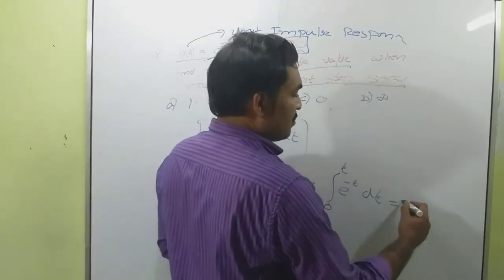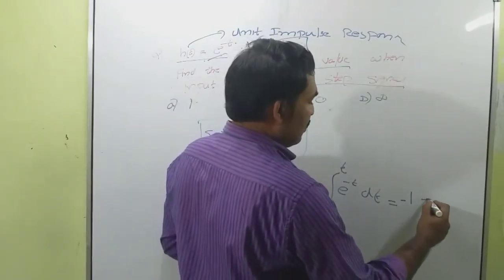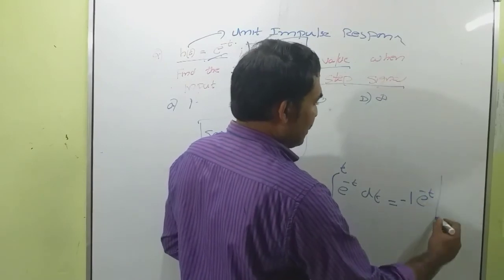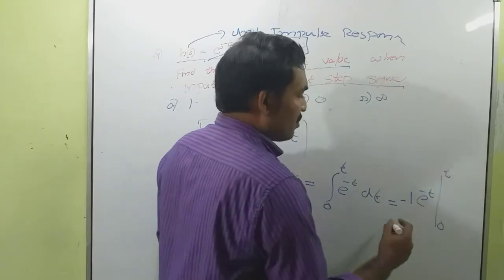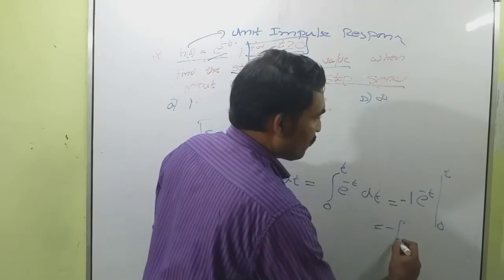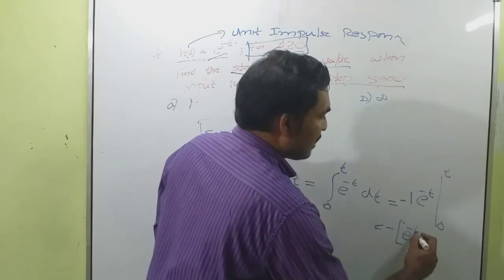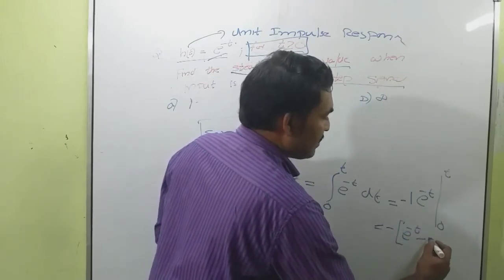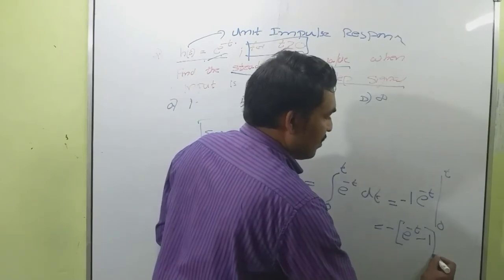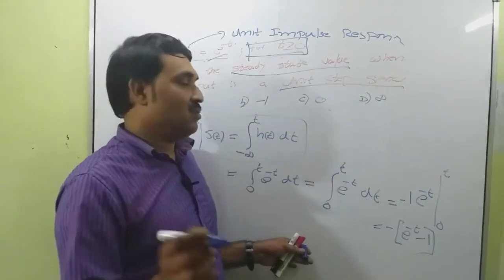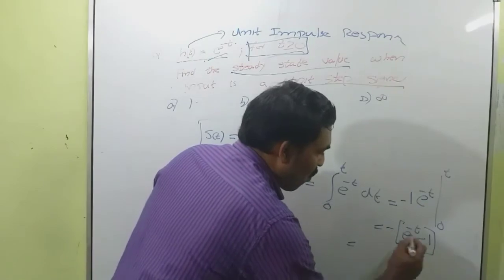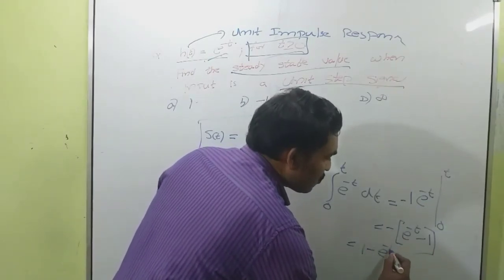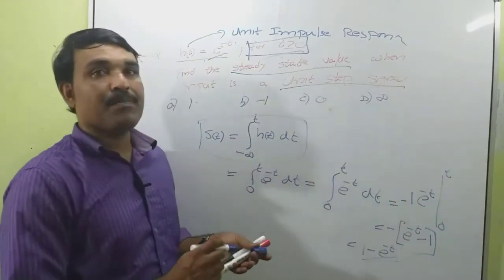Now integrate this: it becomes -1 into e^(-t). Apply the limit 0 to t. So this becomes -(e^(-t) - 1), where e^(-0) is equal to 1. So this is equal to 1 - e^(-t). So this is the step response.